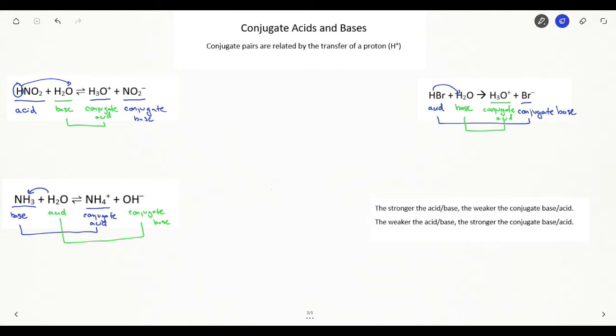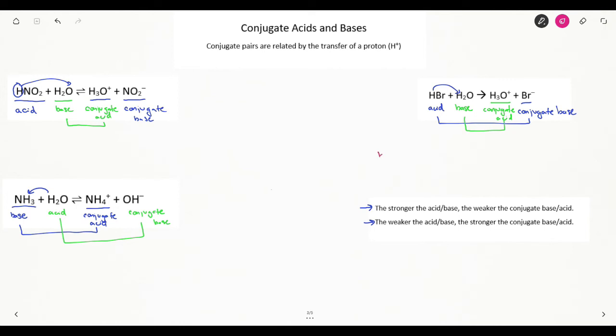The stronger the acid or base that you're starting with, the weaker its conjugate is going to be. The converse is also true. If you start with a weak acid or base, then its conjugate acid or base is going to be stronger. So let's go back to our strong acid, our hydrobromic acid, and let's assign relative strengths and weaknesses.